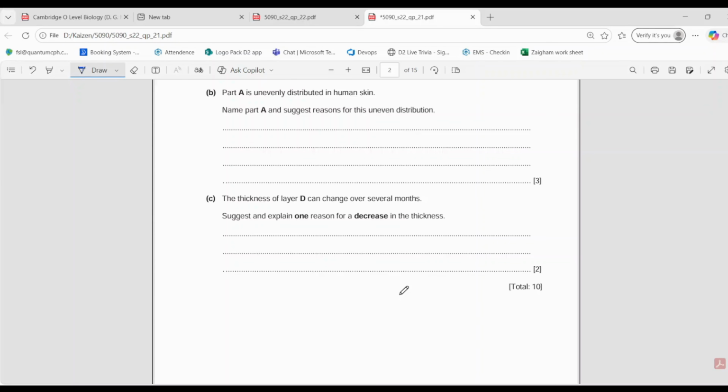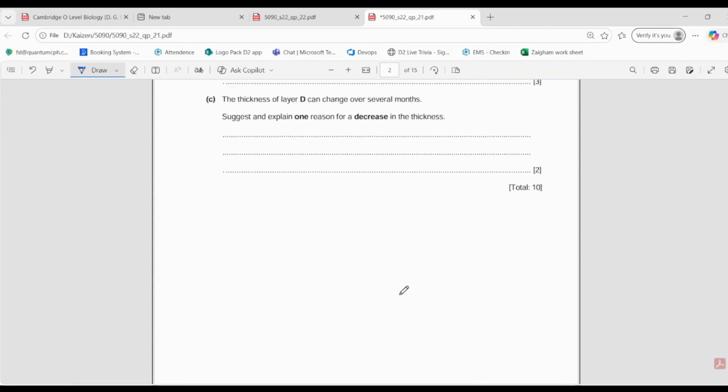So if there is less fat in our diet, then it would be less, and if there is more fat in our diet, then it would be stored as a fat layer around our body, or under the skin.